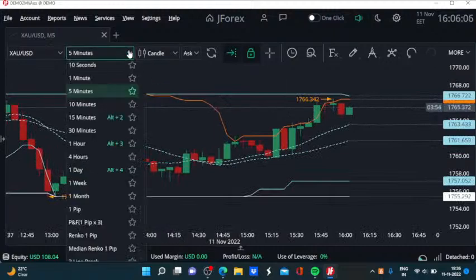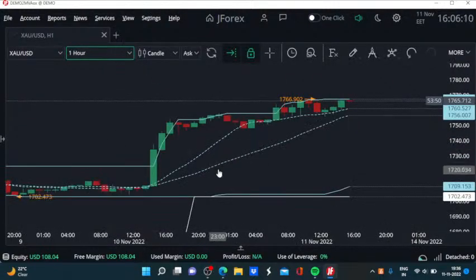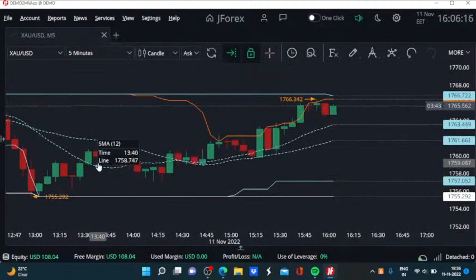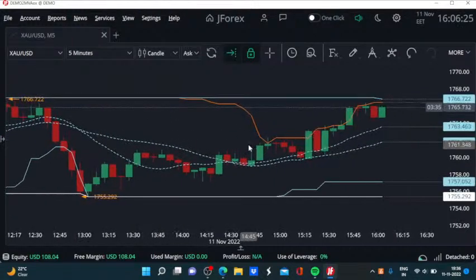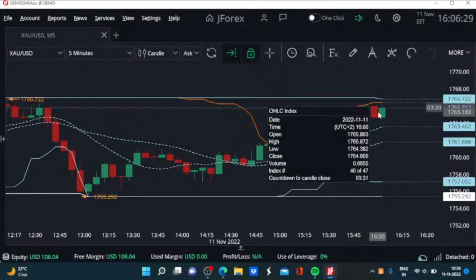But gains are gains, and the price rise in the gold is keeping the bullish momentum intact. And even now, as we are taking a look here, it has gotten close to the prior day's high established around 1766.90 USD per ounce, and it is likely to be breached in the next couple of minutes.